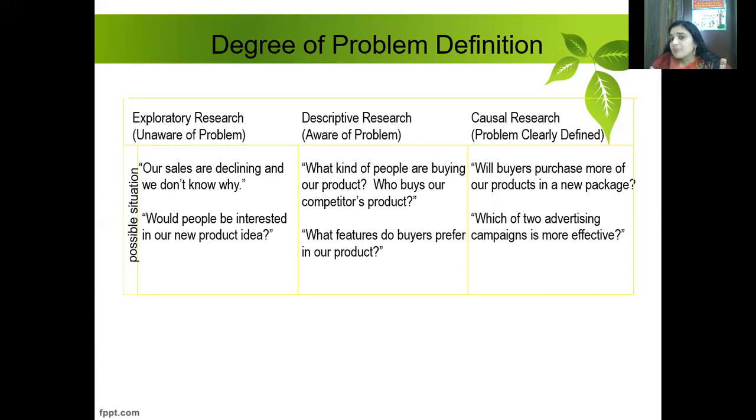For example, will buyers purchase more of our products in a new package? Now you know that the new package might be the issue for people. Or which of two advertising campaigns is more effective? Now you need to know people's opinion about the two advertisement campaigns you are already going for, so that you can decide which one to keep and which one to withdraw.